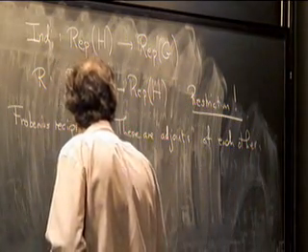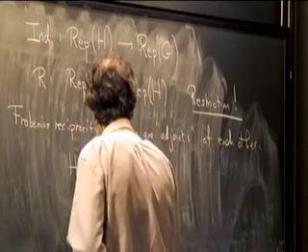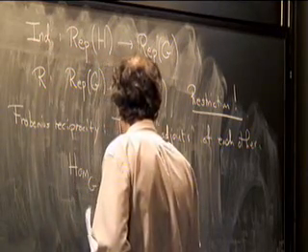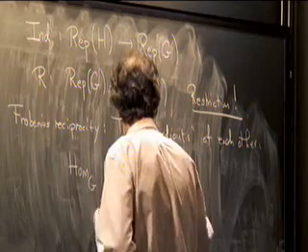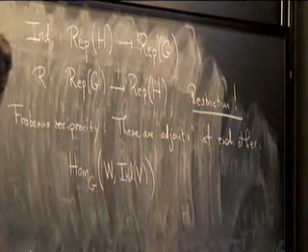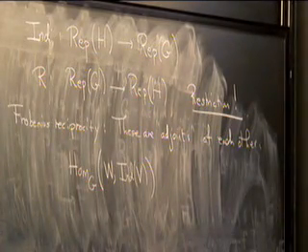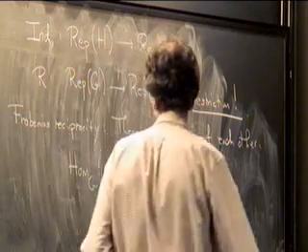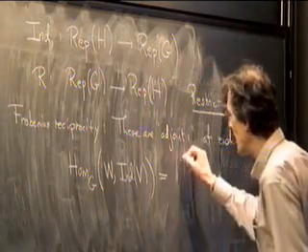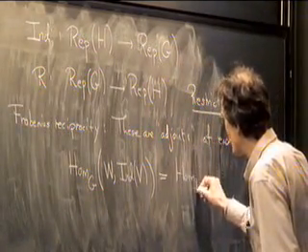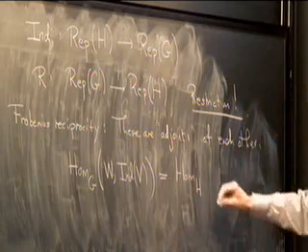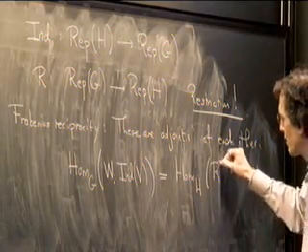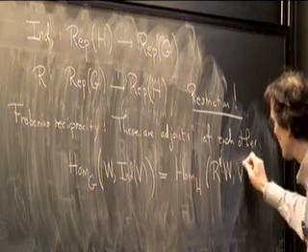It says that the intertwiners between W and the induced representation from V is the same thing as the intertwiners, in the H sense, of the restriction of W and V.